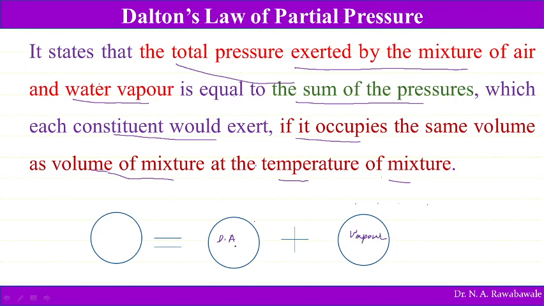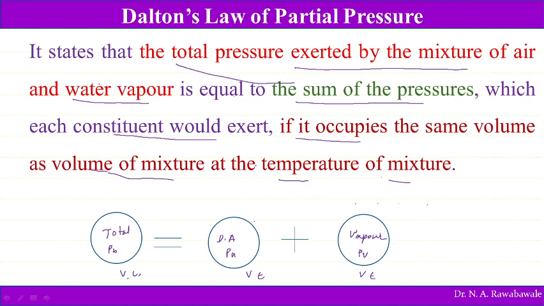Then the pressure exerted by dry air, PA, and the pressure exerted by water vapor, PV, is equal to the total pressure PB, exerted by the mixture of dry air and water vapor occupying the same volume V as that of the mixture of two constituents, and at the same temperature T. So the temperature of vapor, the temperature of dry air and the temperature of the mixture are the same.